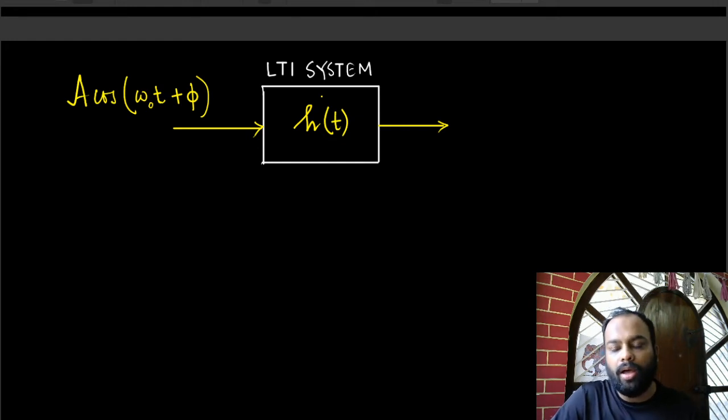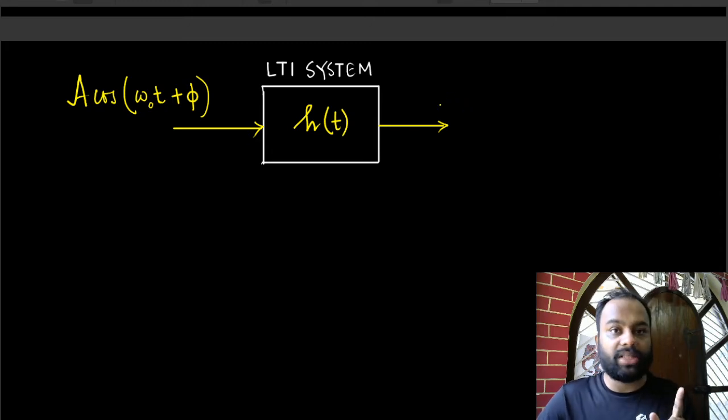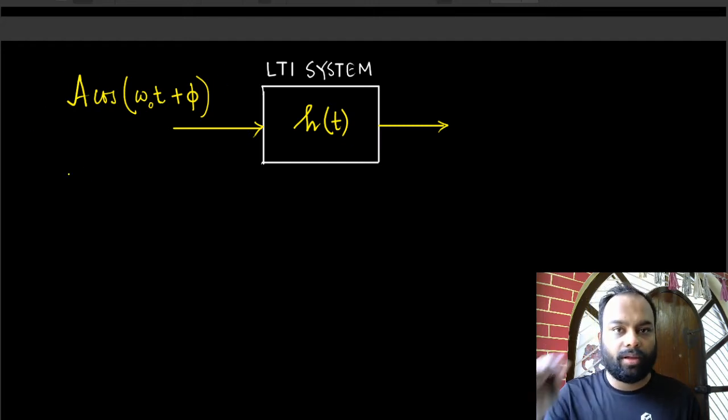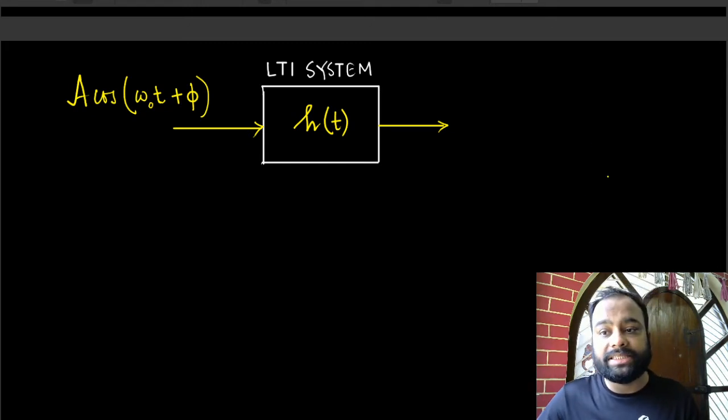All right. Now I'm trying to figure out what is the output, but not just what is the output, but the output of the system when this input has been there for a very long time. But my question is, how am I going to ensure that this input has been there for a very long time? Again, let me restate my question. I am trying to figure out what is the steady state output of this circuit or system.